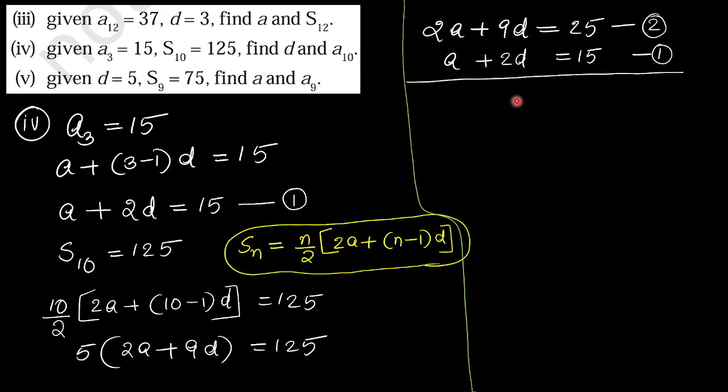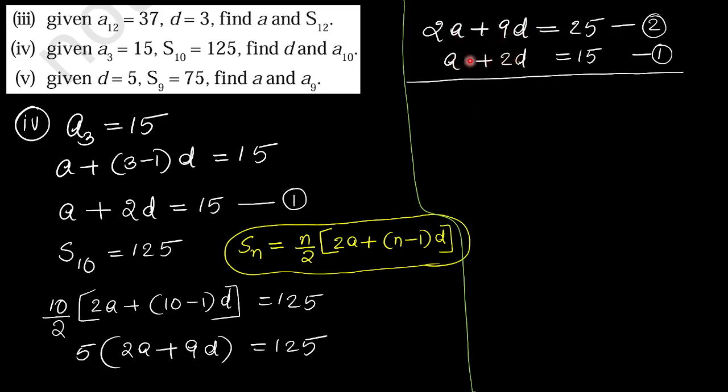By subtraction nothing will be eliminated. If you do subtraction, nothing eliminates. 2a minus a will not be cancelled, 90 minus 2d, nothing cancels.